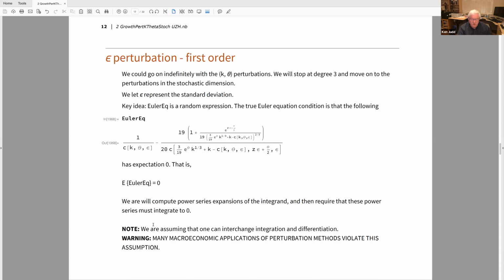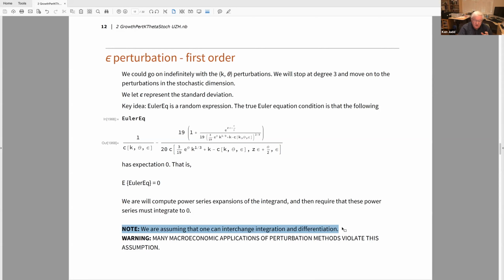Now, by the way, we are assuming that you can interchange integration and differentiation. Because with the Euler equation, we want to compute the derivative of the consumption function. It, however, is defined involving an integral.